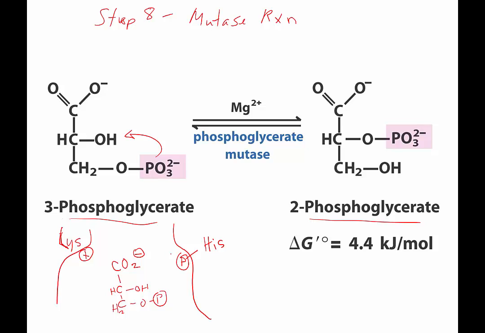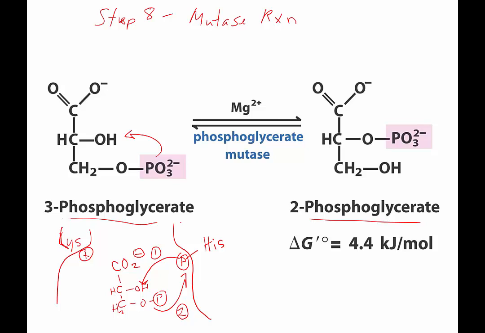And so the way this enzyme works is that in step 1, the phosphate basically attacks the hydroxyl, and then we get basically the addition of the phosphoryl group in step 1. Then in step 2, we have the phosphoryl group coming off of the substrate back onto the histidine.